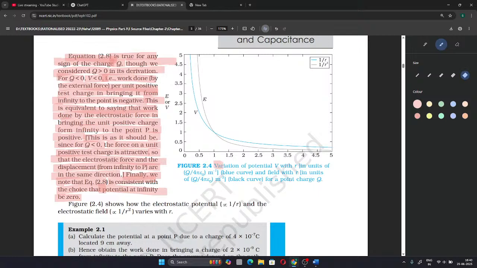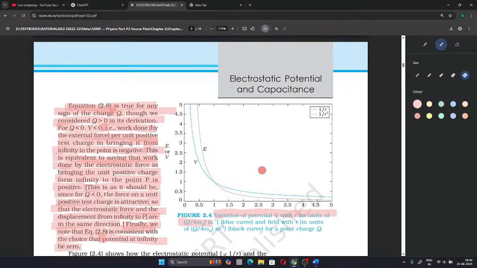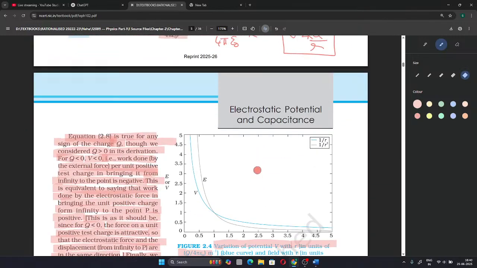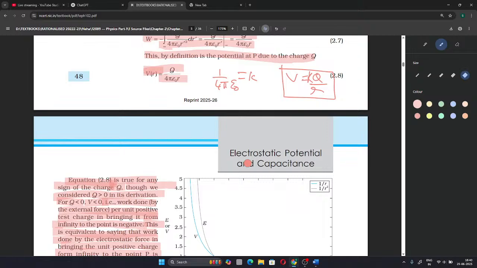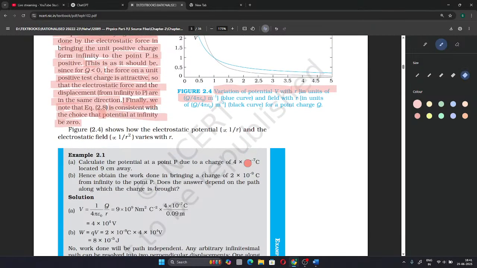This figure shows the variation of potential V with r in units of q by 4 epsilon naught per meter, the blue curve, and the field with r in units of q by 4 epsilon naught per meter square, the black curve, for a point charge Q.